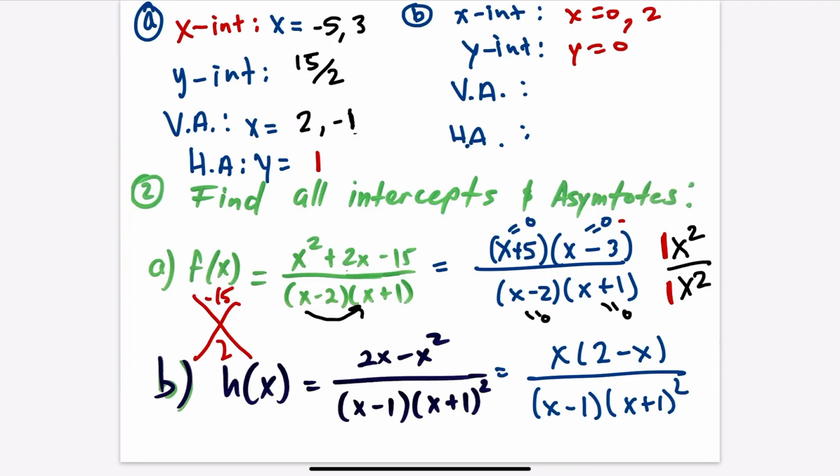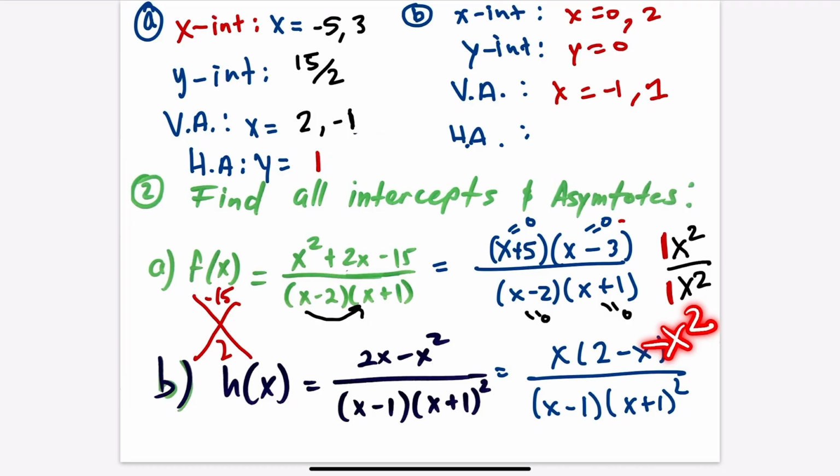All right, so for the vertical asymptote, set the denominator for the second one equal to 0. And so you have two vertical asymptotes. It's negative 1 and 1. Okay, and then for the horizontal, I look at the powers. On top, there's two x's, so that's negative x squared.